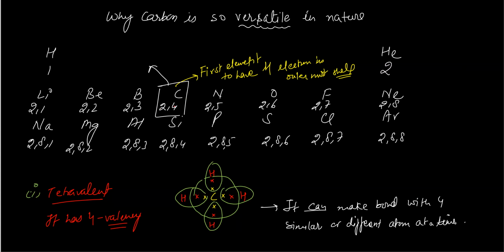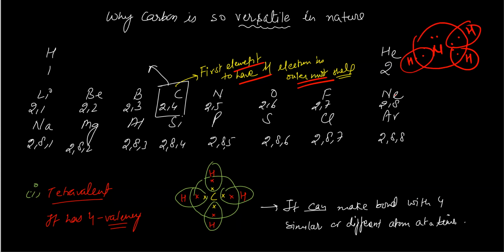Carbon is the first element that has 4 electrons in its outermost shell. The other elements have either 1, 2, 3, or 5, 6, 7, 8. Don't think that nitrogen, with 5 electrons in its outermost shell, can make bonds with 5. It needs to complete its octet, so it requires only 3 electrons for bonding. It already has 5, so it will make bonds with 3 atoms, like 3 hydrogen atoms, and then it is complete. So it makes bonds with a maximum of 3.